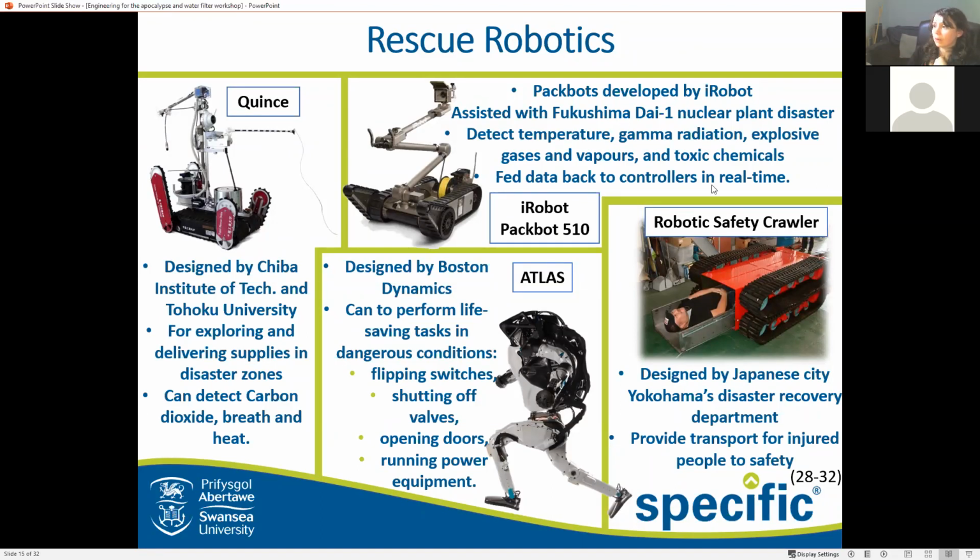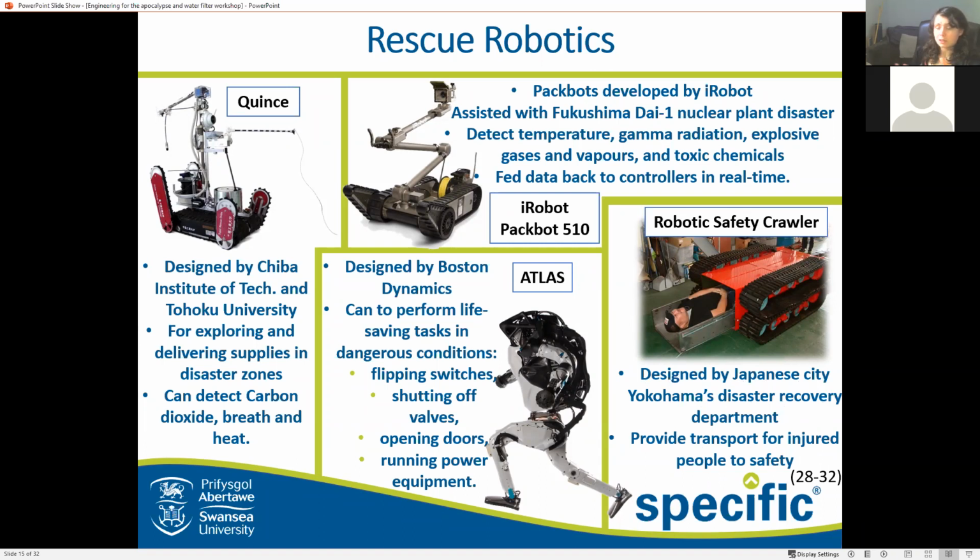Another one which I found particularly cool was this robotic safety crawler design, which is designed by the Japanese city Yokohama's disaster recovery department. The idea of this robot's actually really cool, as it provides transport in a variety of terrains for those who are injured. It's a little bit awkward to look at because it's pretty much a casket on wheels, but it's for living people.